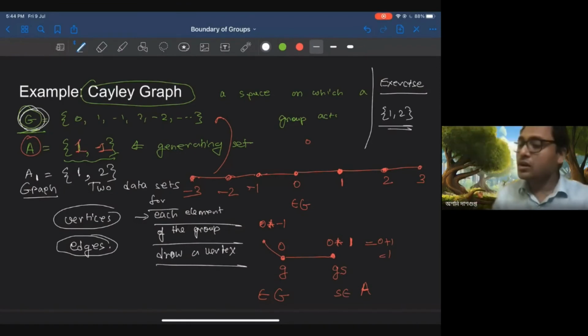Okay, so now we understand what a Cayley graph is. The reason we are studying the Cayley graph is because the group has a left action on the Cayley graph, multiplication by left. So what does that mean?